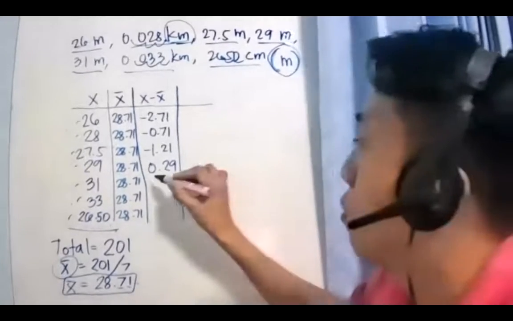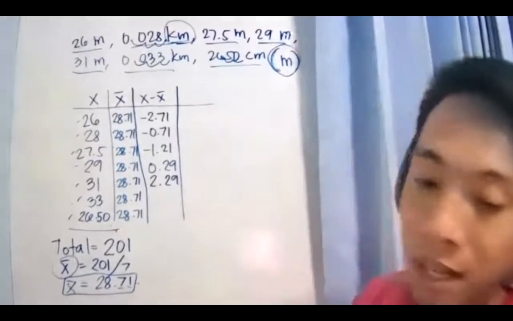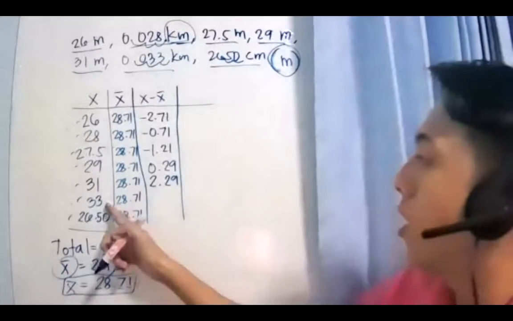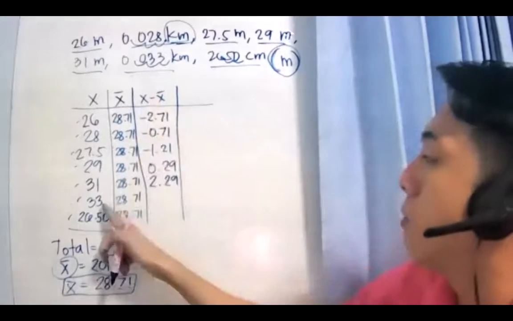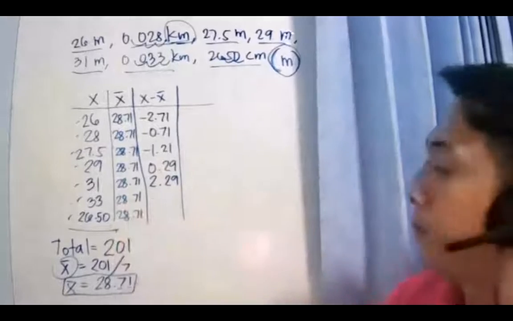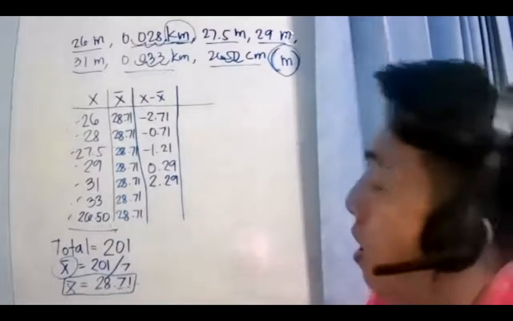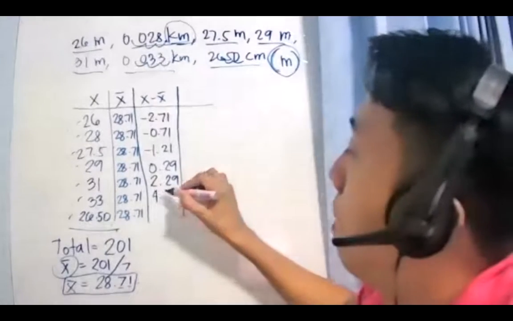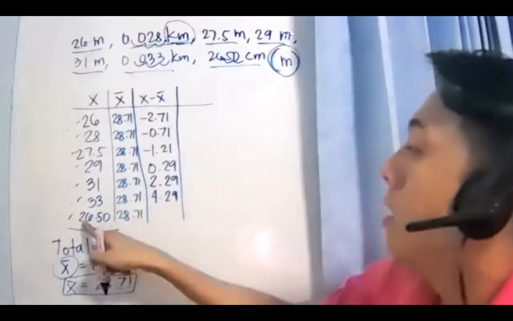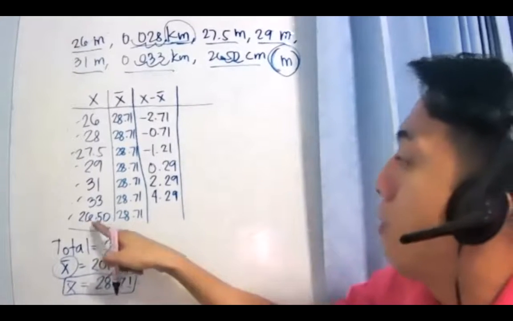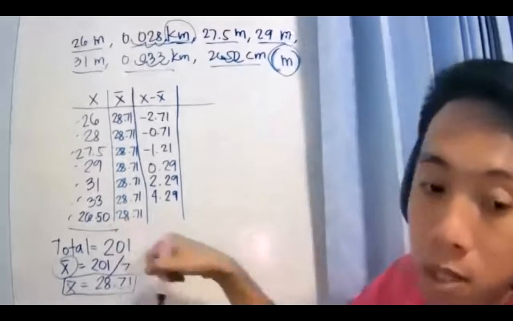Okay, so the answer is 2.29. Next, 33.20 minus 28.71. Okay, so 4.29. And then the last number we have, 26.50 minus 28.71.